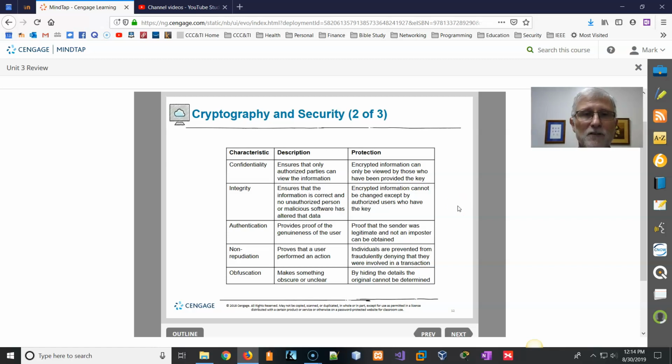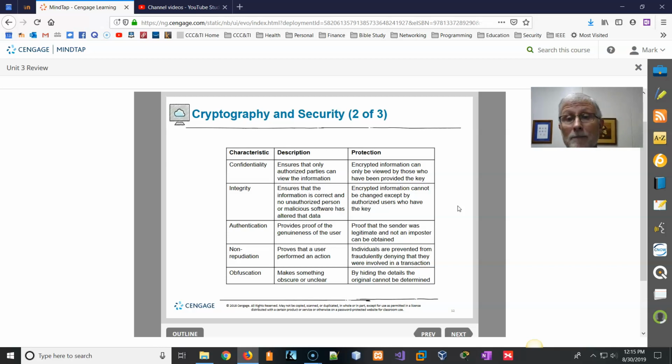Now, just to give you characteristics and descriptions and what kind of protections can be done, this chart shows you the different characteristics and how it could be done. So confidentiality can be encrypted information only viewed by those with the provided key.